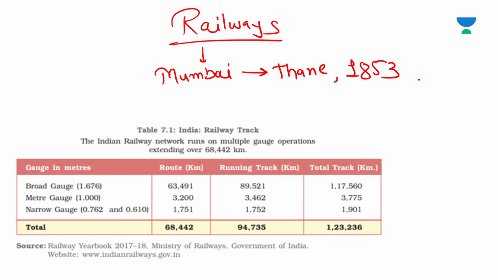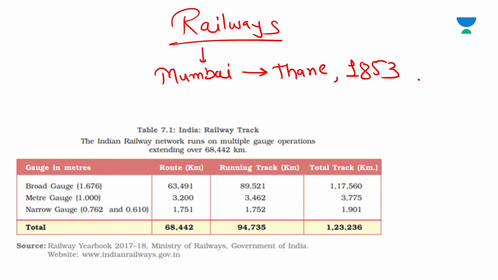Railway tracks are laid through low hills, gaps, or tunnels. So the Himalayan mountain regions are unfavorable for the construction of railway lines due to high relief, sparse population, and lack of economic opportunities.